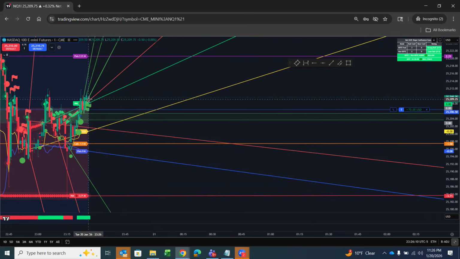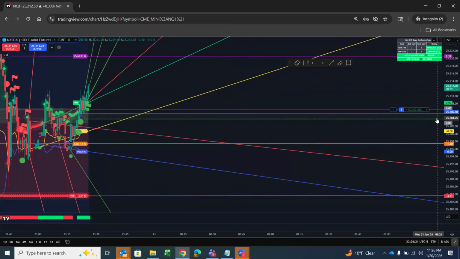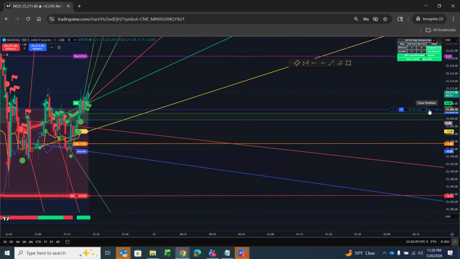Now we open up above this resistance level, which is bullish. All right. It's looking good. See if we can ride this up higher.